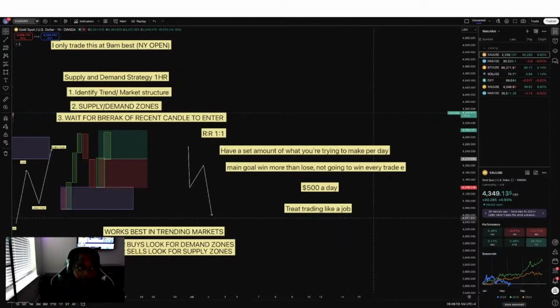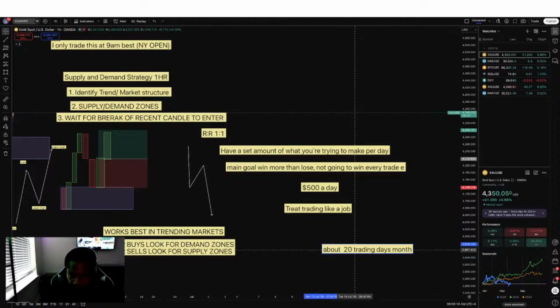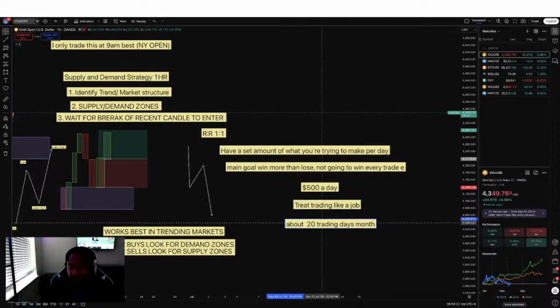So it's all about numbers. There are about 20 trading days in a month, right? And for those of you who don't know, I'm actually a finance major, so this made sense to me once I broke down all these numbers.